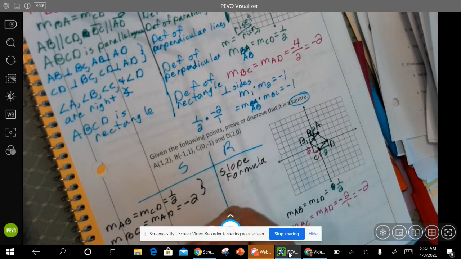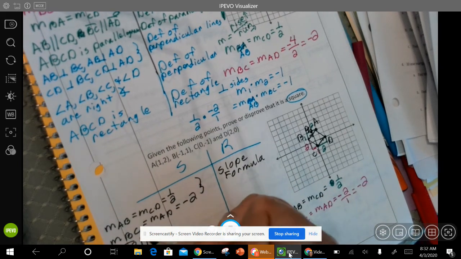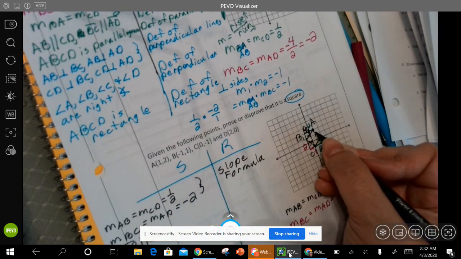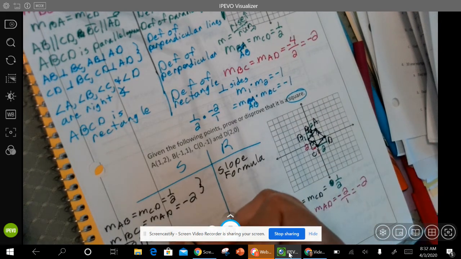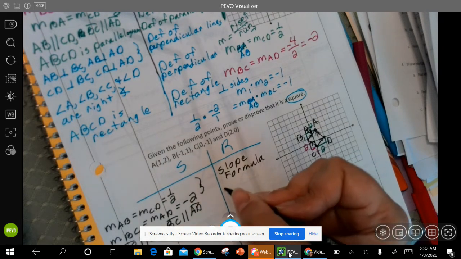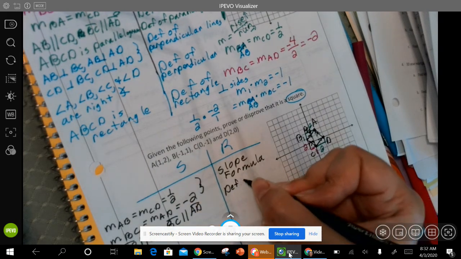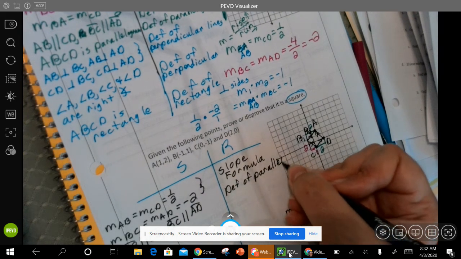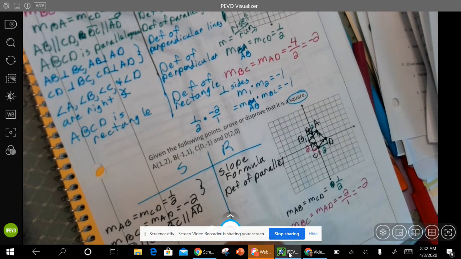Okay, that means that they're also parallel. So AB is parallel to CD. So I can mark that on here. And BC is parallel to AD. Okay, and that's by our definition of parallel.